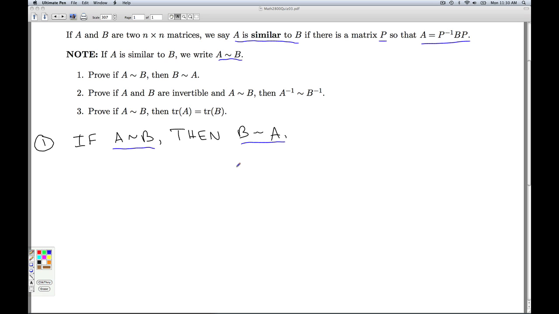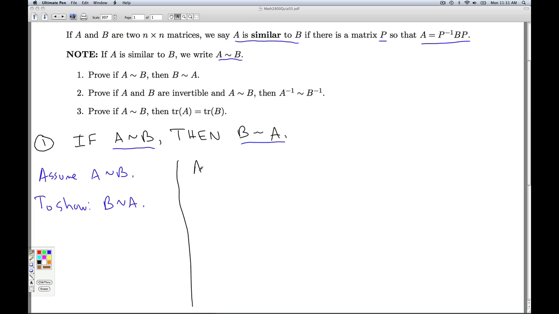One method to prove a conditional statement is to assume the hypothesis. So we're going to assume A is similar to B. That means it's our job to show B is similar to A.